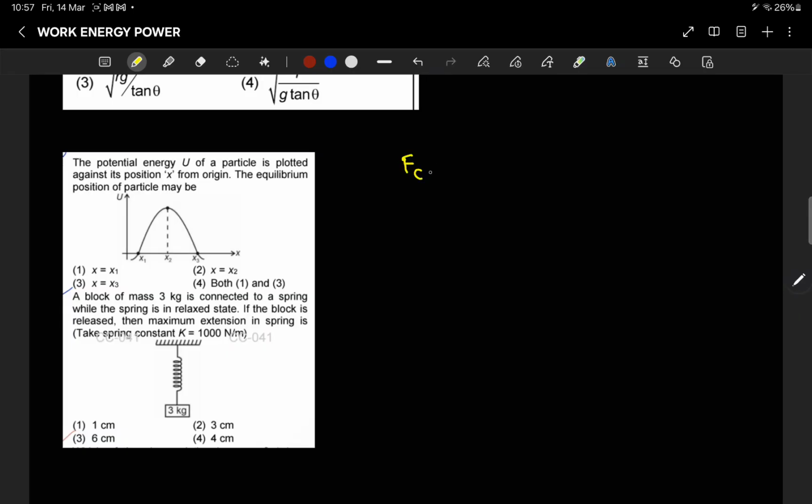Conservative force Fc equals negative potential energy gradient, minus du by dx. Now the question is asking about the equilibrium condition, which, as you know very well, is net force F net equal to 0. So equilibrium condition, force equal to 0, means du by dx, the slope, must be 0, students.